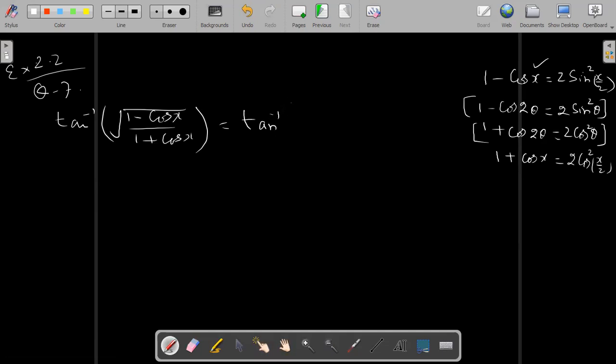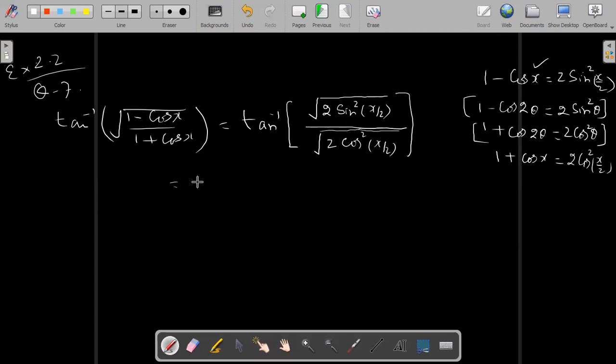Tan inverse. We just have to make sure the root gets cancelled, so we should get the whole square on the trigonometrical ratio to go for further simplification. Now you can put the root on the values.